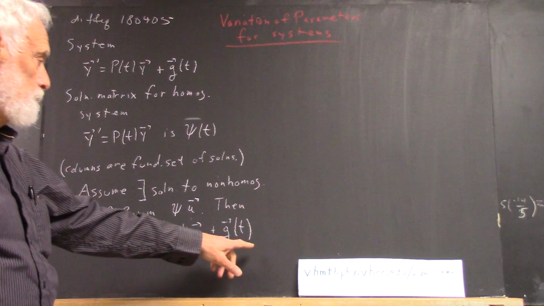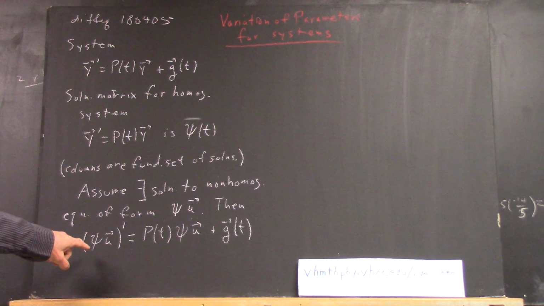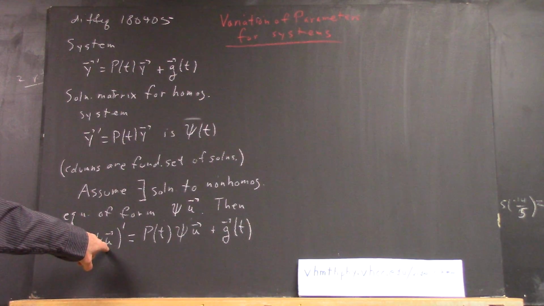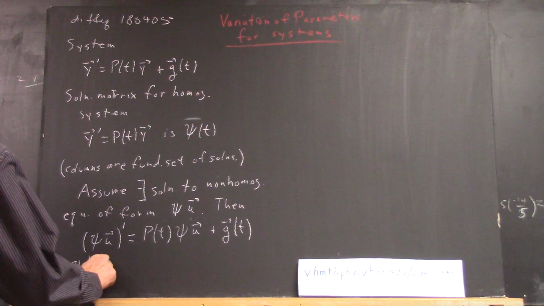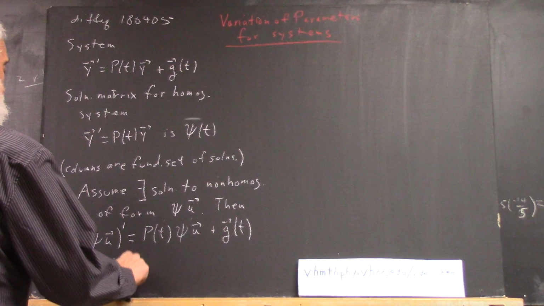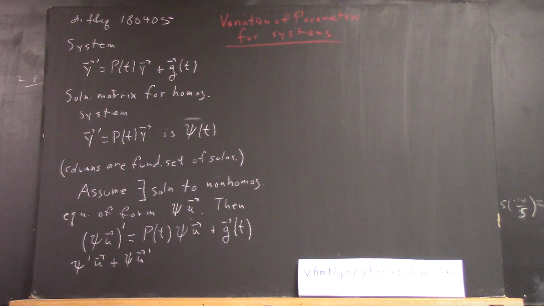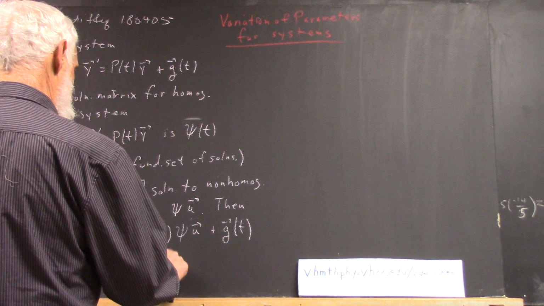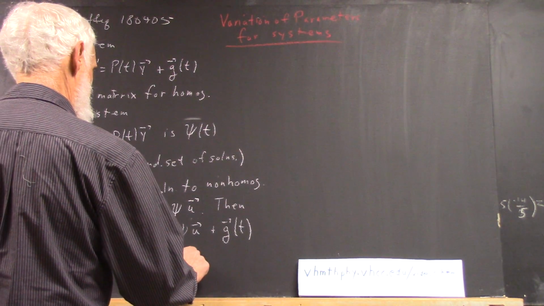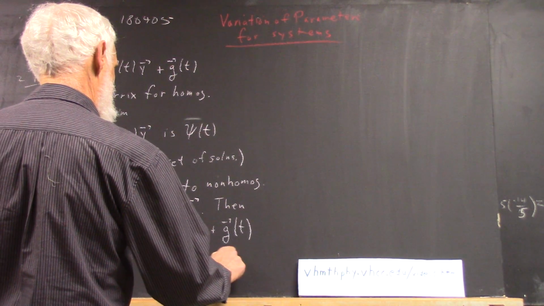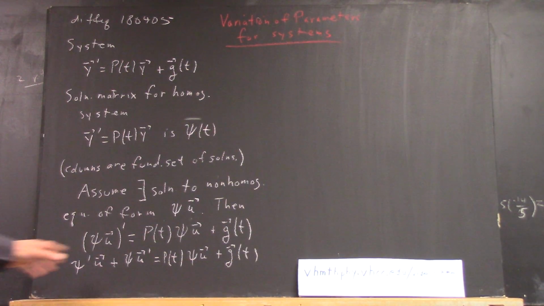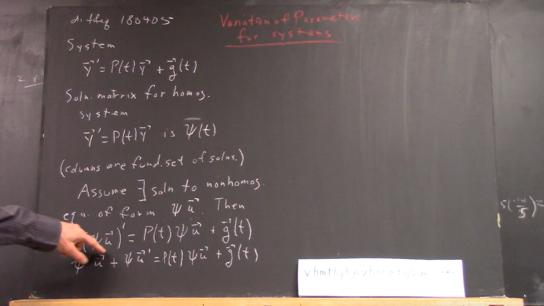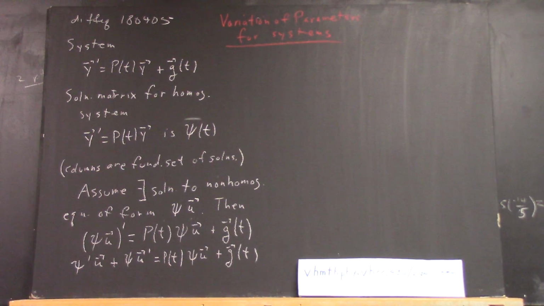So all we want to do is, well, what's psi u prime? Well, psi u prime is psi prime u plus psi u prime. So there we have the same equation, just replacing the derivative of psi u with what the product rule tells us.